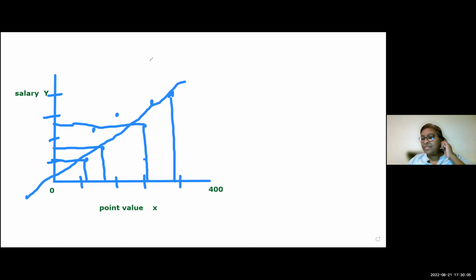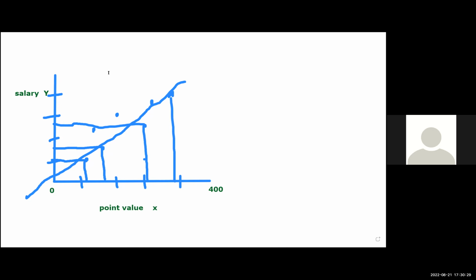Is that clear, guys? Now, what is the slope? I want to explain clearly. That means with the increase of point value, how much is Y going up?